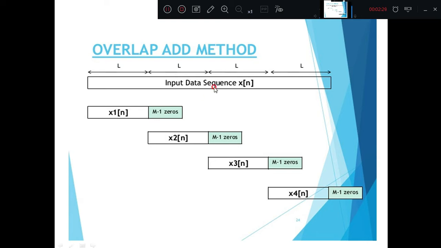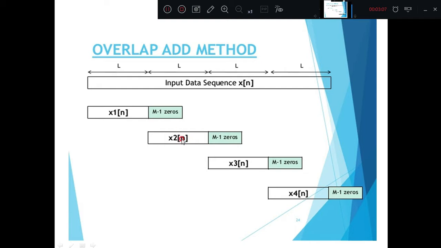Next, this is the input data sequence x of n, so x1 of n. The length of this should be the size of DFT. So what is the size of DFT? N, and the size of each block is L. To make it N, that is L plus M minus 1, you have to add M minus 1 zeros to x1 of n, which has length L. Similarly, x2 of n has L samples, it may be 3, 4 or 5.